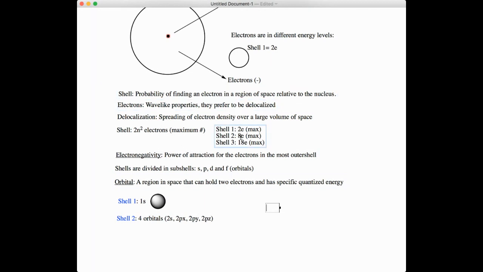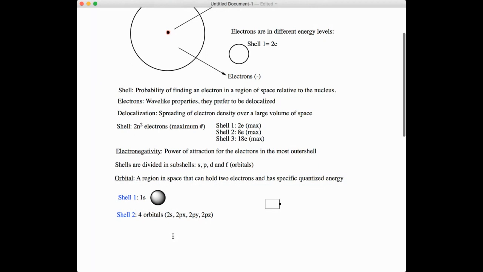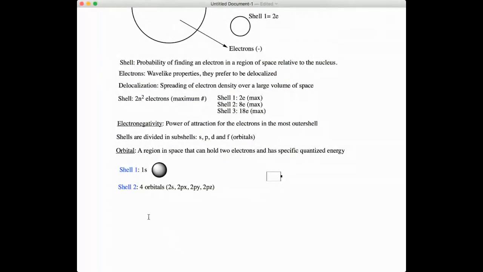We concluded that here. So if we can hold a maximum of 8 electrons in shell number 2, we will have 4 orbitals, because one orbital can hold a maximum of 2 electrons. And these 4 orbitals are going to be one 2s and three 2p orbitals.